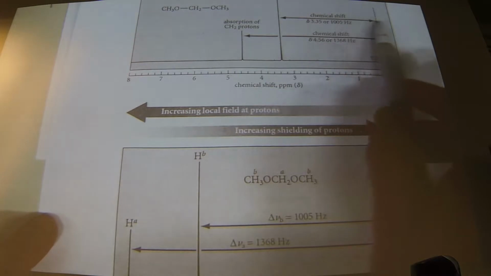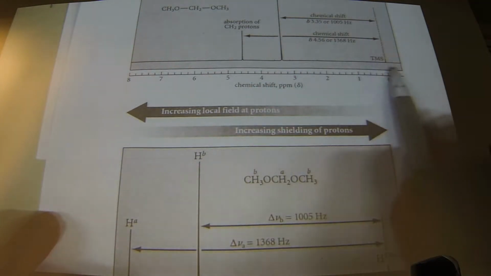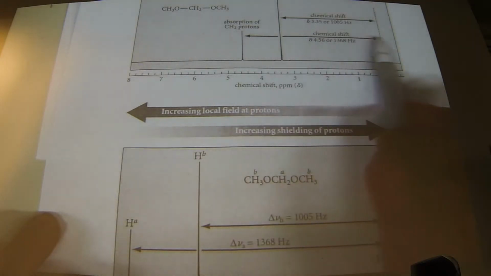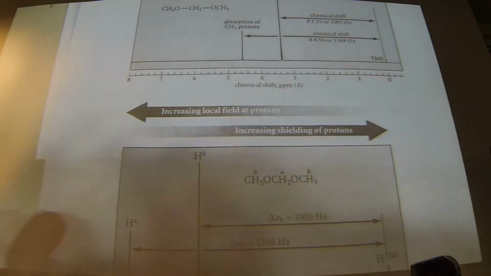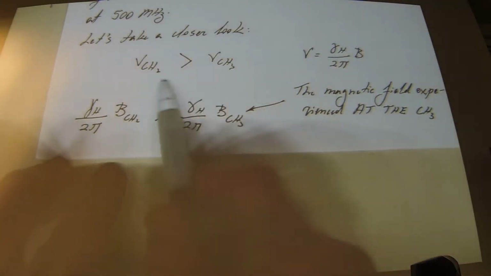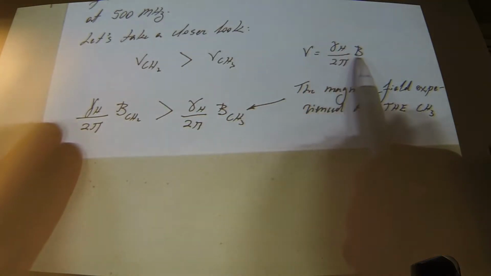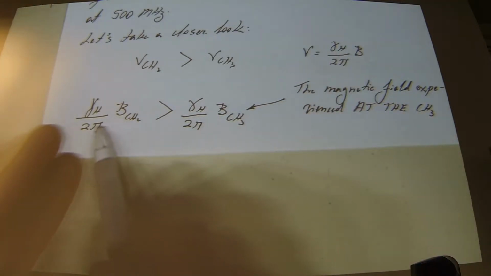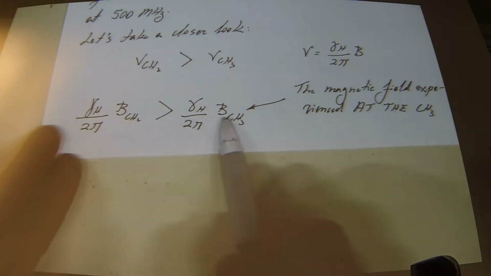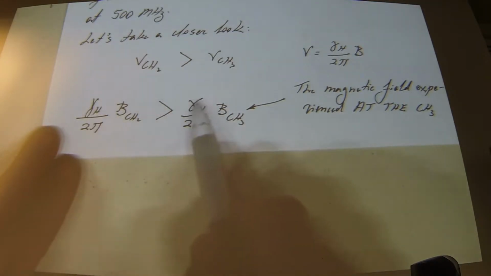This frequency is bigger than that one. The frequency, remember, is measured from the standard, which is tetramethylsilane. So we're actually looking at this difference in frequencies here. We look at these frequencies, and one is greater than the other. Because we know frequency is proportional to field, the two fields have the same relationship. This is a constant, that's a constant.